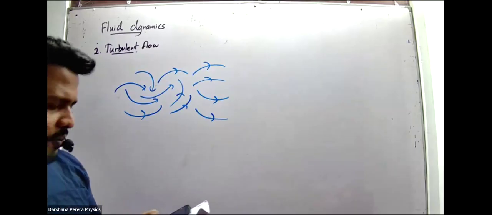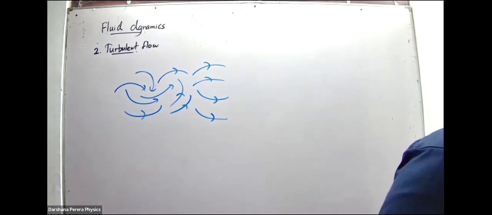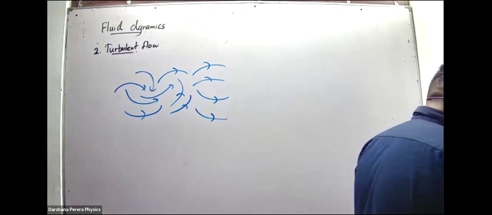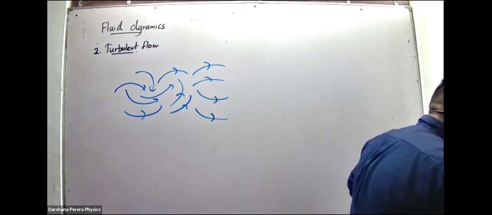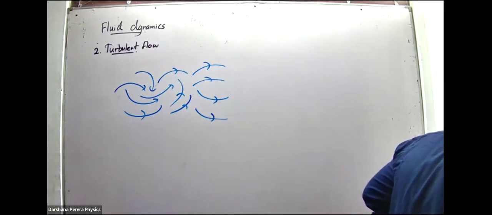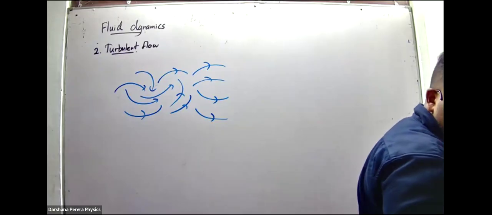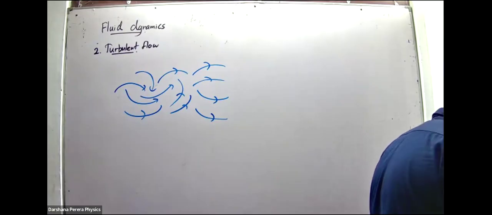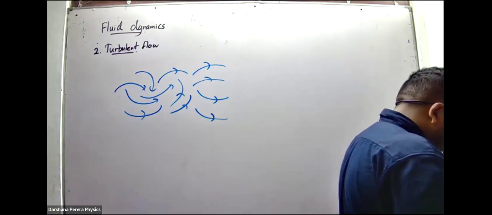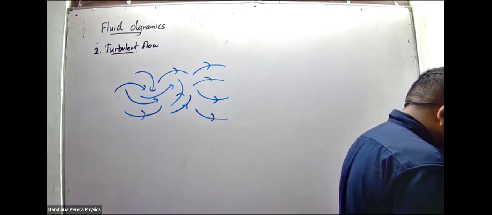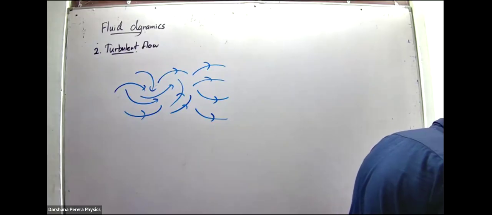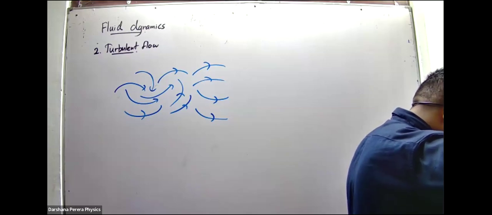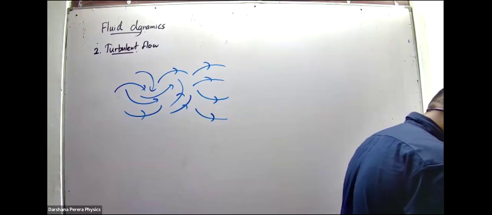Write down: flow passing due to high pressure difference is called turbulent flow. The velocity of a point is not identical.